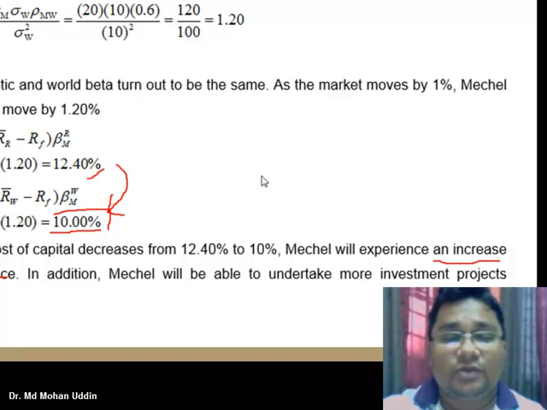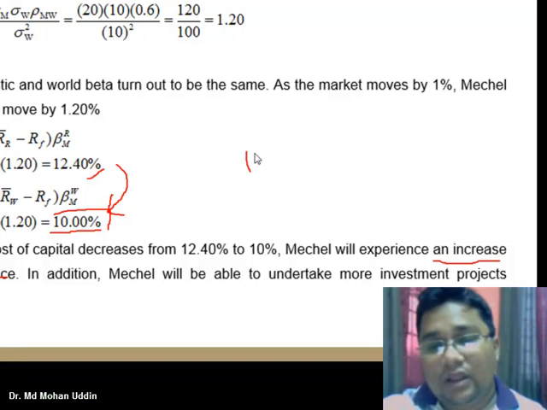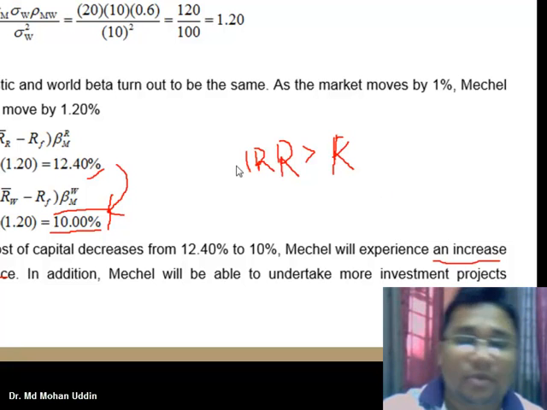And if the cost of capital decreases, then normally when you accept a project, the decision criterion is that the IRR must be greater than the cost of capital. Let's say that K is the cost of capital. The IRR must be greater than the cost of capital.